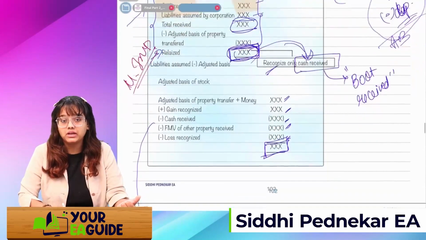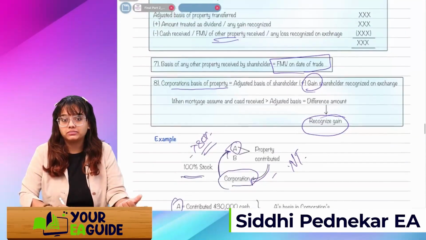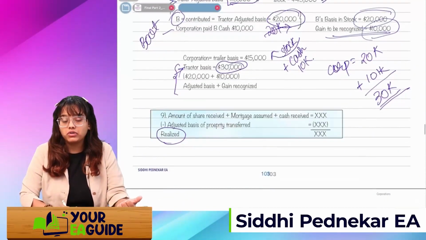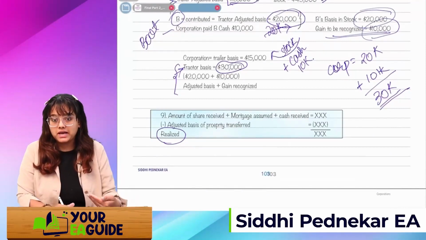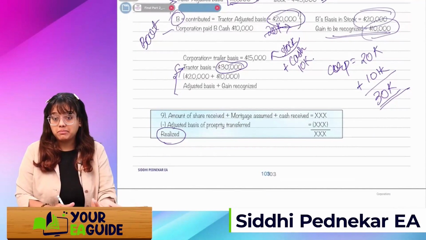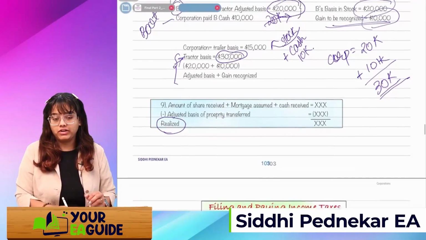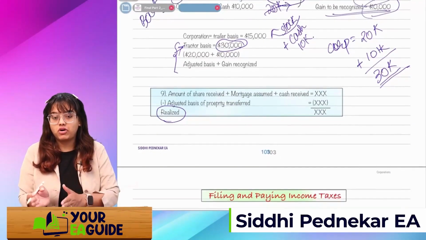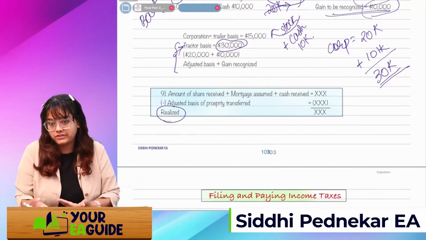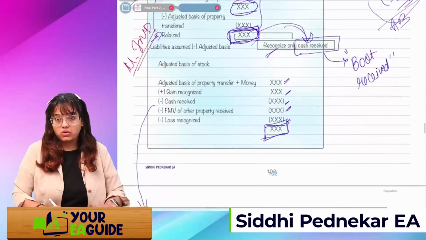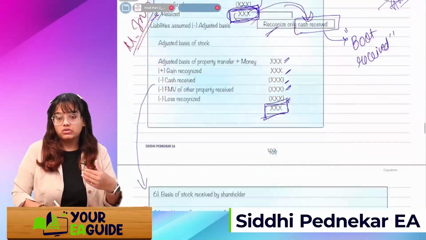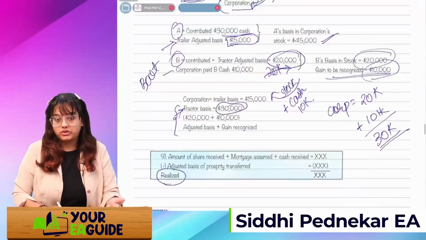It is the same thing, just written in a shorter manner. See over here, the amount of share received, the FMV of the stock, plus mortgage assumed by the company, plus cash received if any, will reduce the adjusted basis of the property which we are transferring to the corporation. All right, so this was about contribution to the corporation.